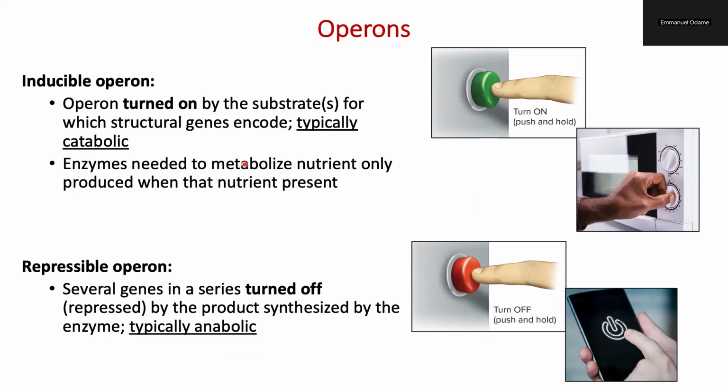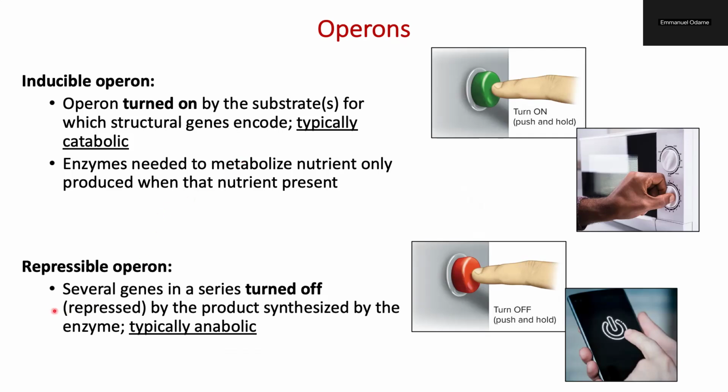I'll show you an example of how an inducible operon works. Just imagine it as your light switch and electricity. You have to turn on your electricity, so the enzyme has to be present to turn on transcription. You have to go to your wall and turn on your light before you can have light in your room. That's how the inducible operon works.